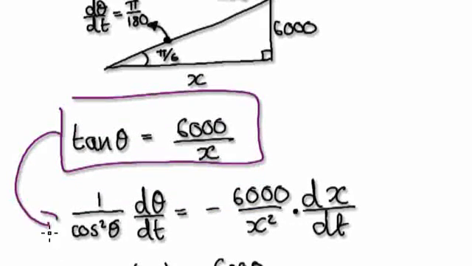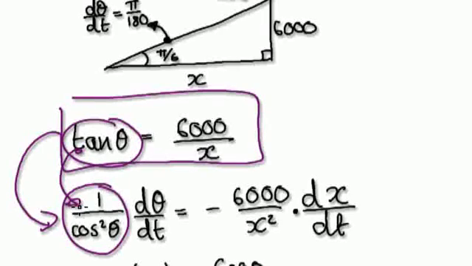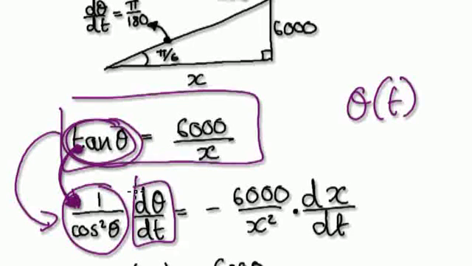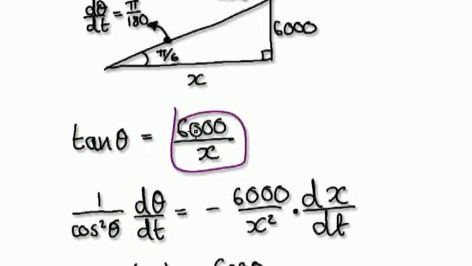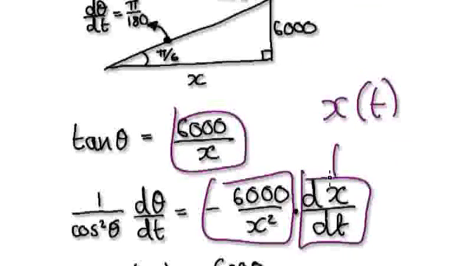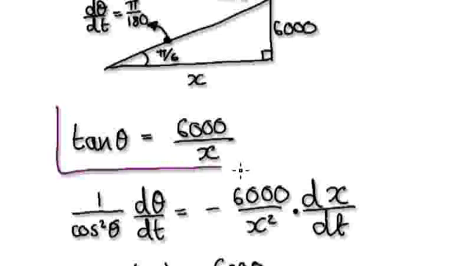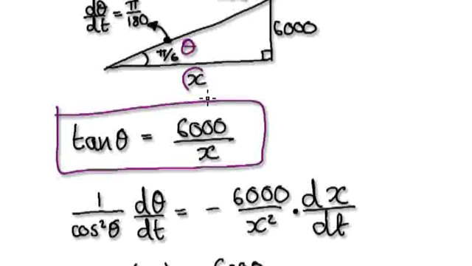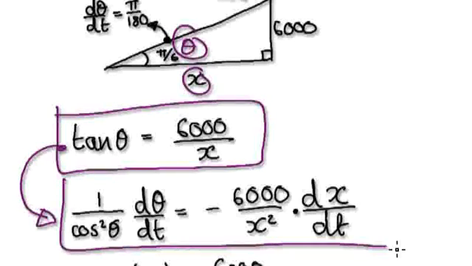When you differentiate tan theta, it will give you 1 over cos squared theta, something you have to know already. But because theta is a function of time, we need to stick this in here. And when you differentiate this, because x is a function of time, we need to stick this in here. So it is tan that connects theta and x together, and implicit differentiation takes you to here.